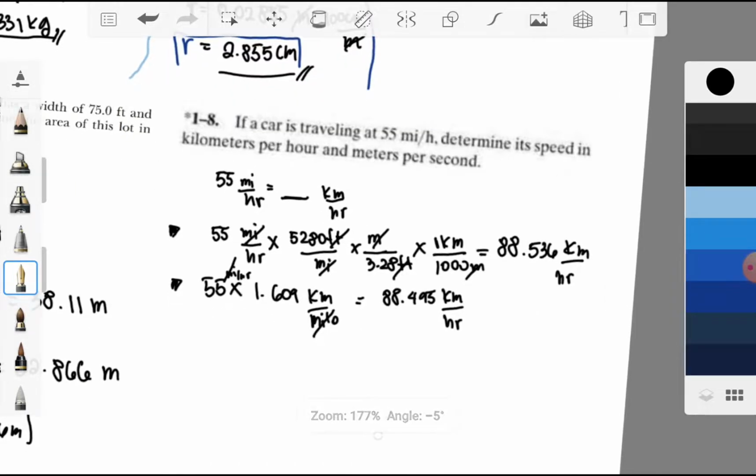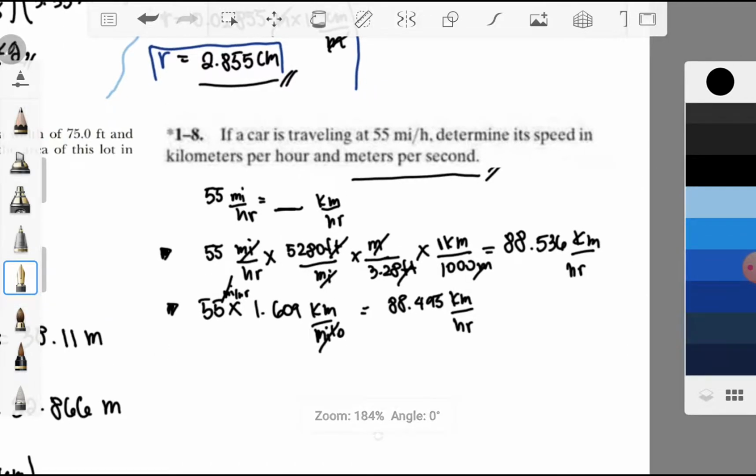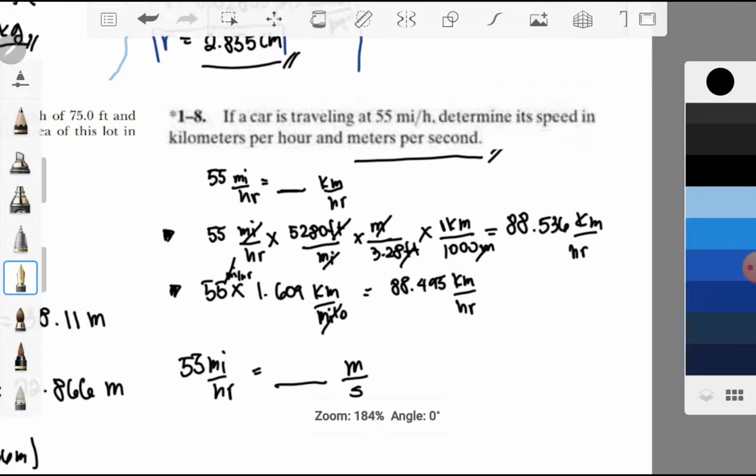Next, I will convert this into meters per second. So 55 miles per hour to blank meters per second.